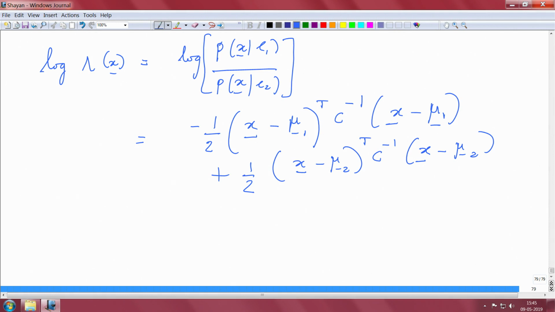If you do the algebra carefully and simplify this quantity, it is straightforward. I will write down the end result.